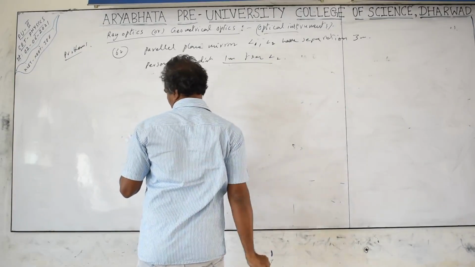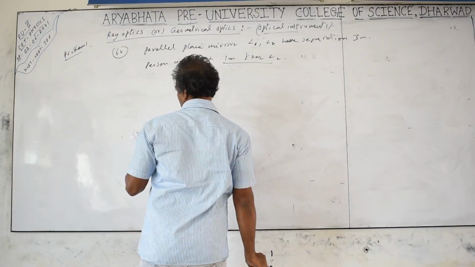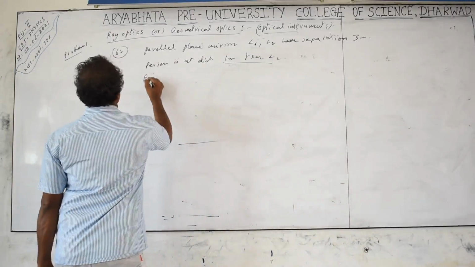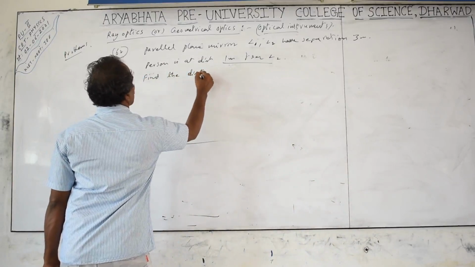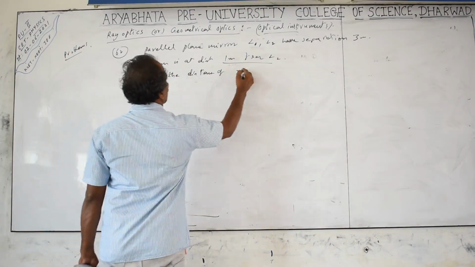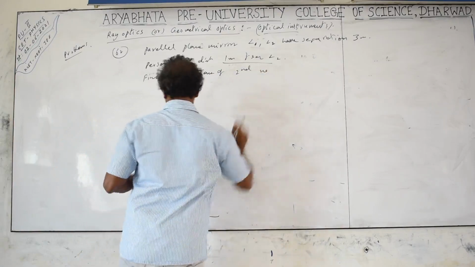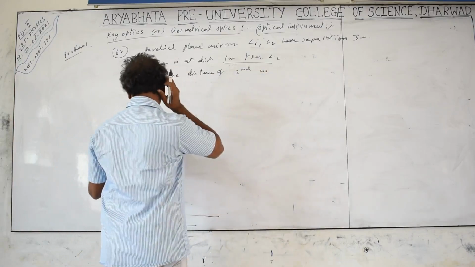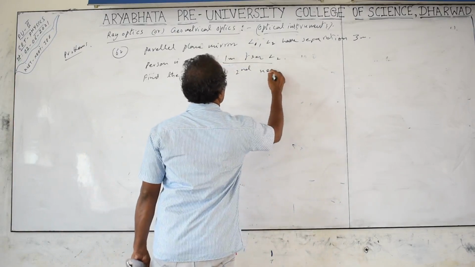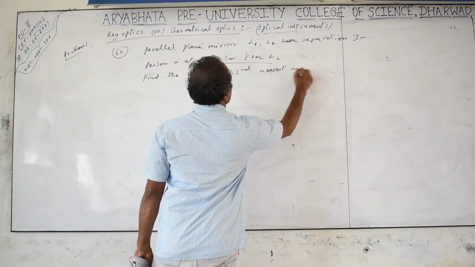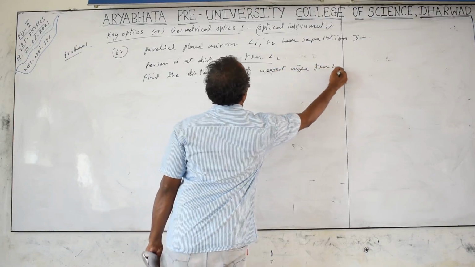The second nearest image in the right mirror is situated at what distance? Find the distance of the second nearest image from L2.